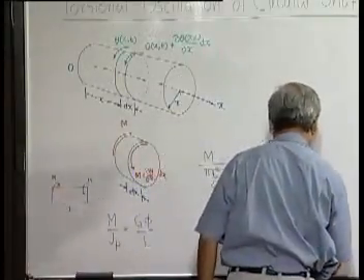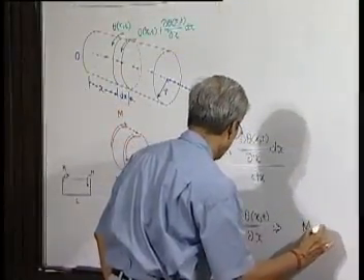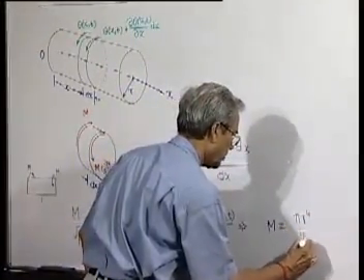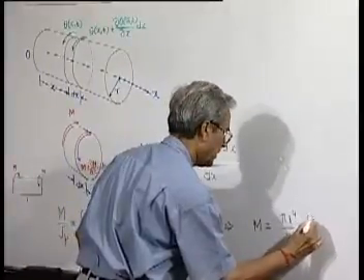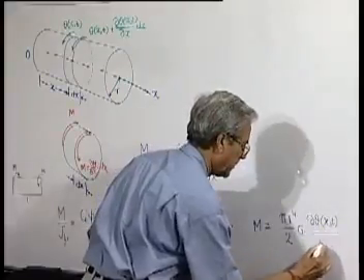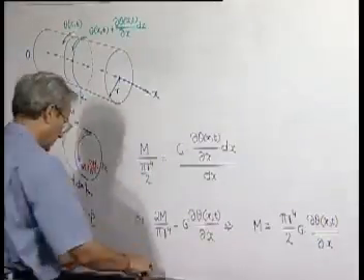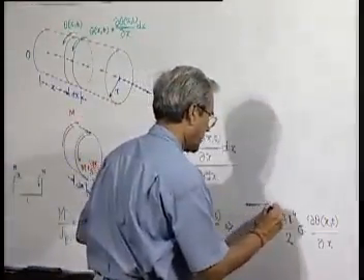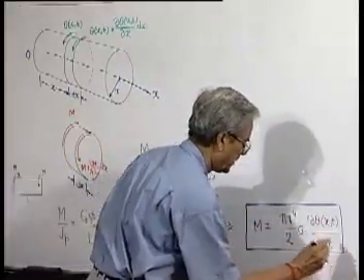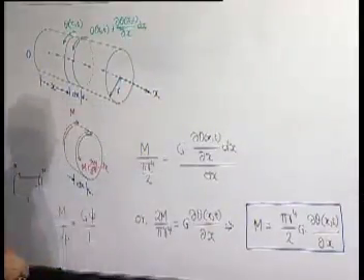From this we get m is equal to pi r to the power 4 by 2 into G times the derivative of theta. So, this is what we find, the expression of the twisting moment in terms of the displacement and the material properties and the size of the shaft, that is r.